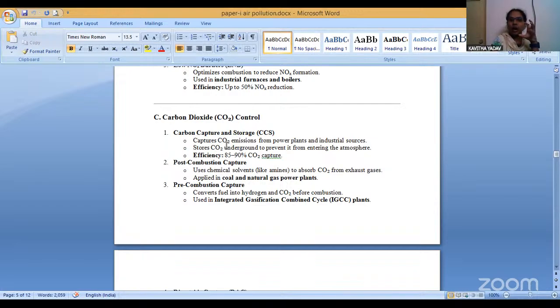The carbon dioxide emitted from power plants and industrial sources can be stored underground so it does not enter the atmosphere. The efficiency is up to 85 to 95% to capture the carbon dioxide, but I'm not going to vote for this one. Why? Because how can we store that carbon dioxide?